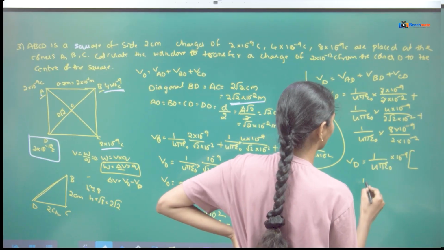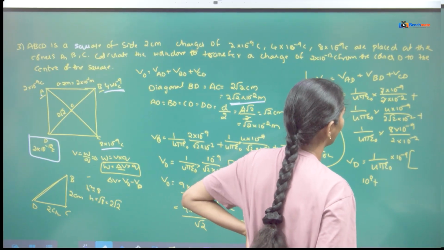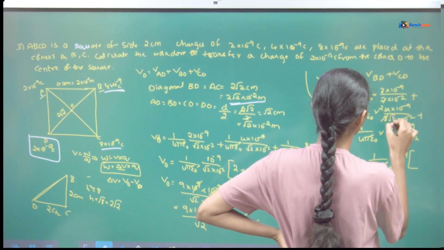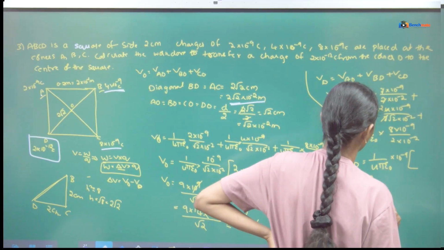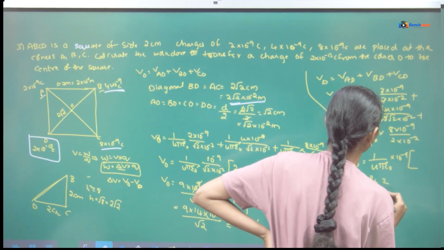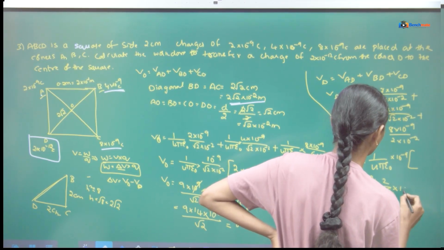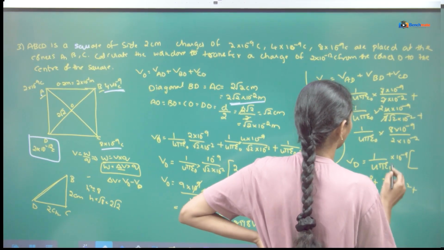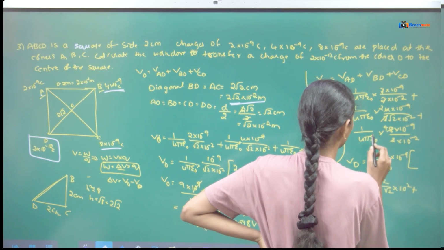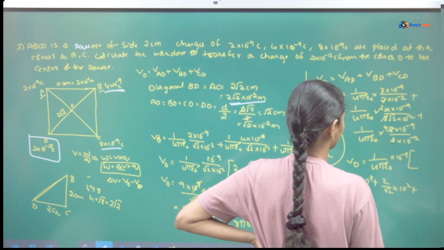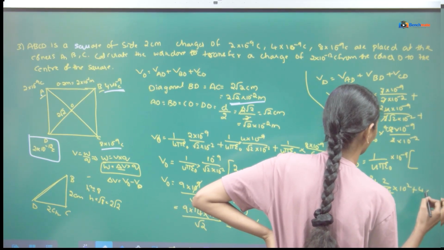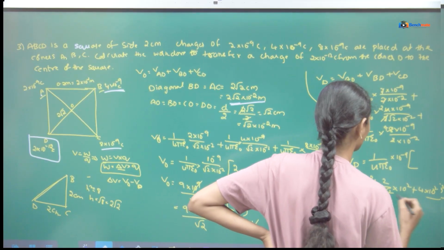If I bring it into the numerator, 10 power plus 2. So what is left? 2 by root 2 into 10 power plus 2 in the numerator. Next, 4 times, 1 by 4 pi epsilon naught, 10 power minus 1 I took common, 4 into 10 power 2.